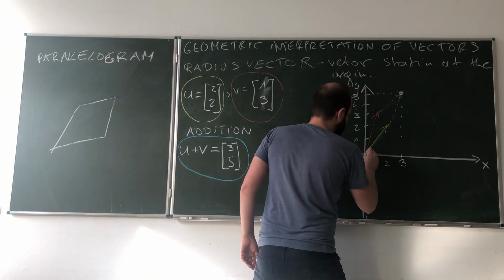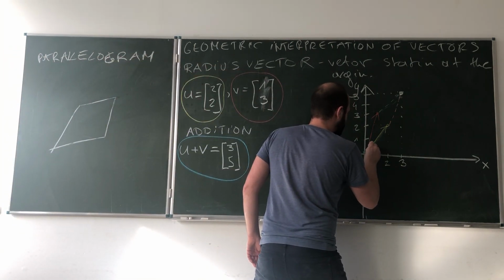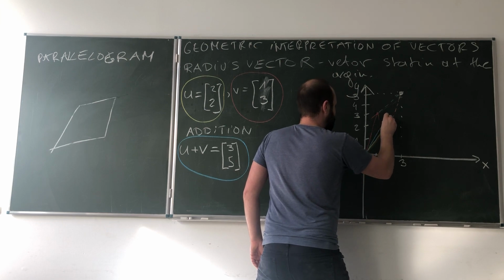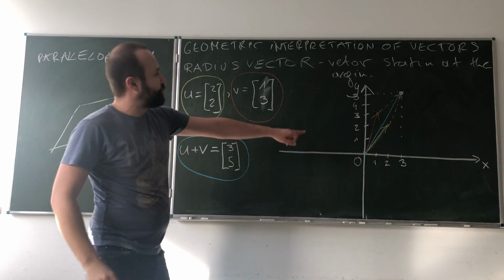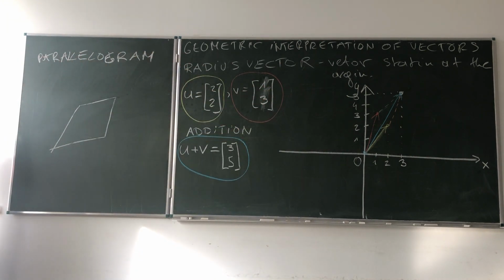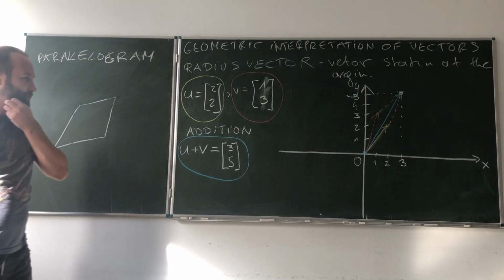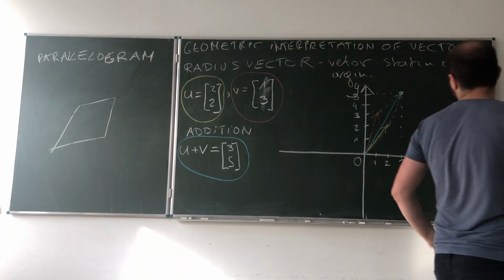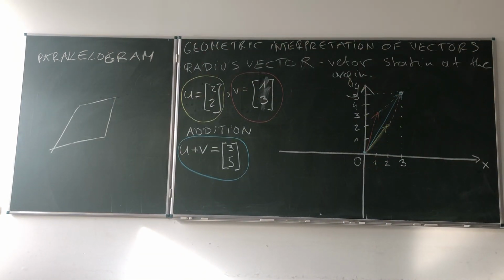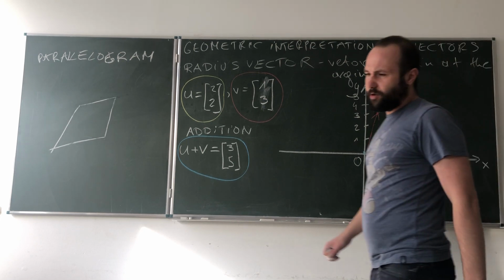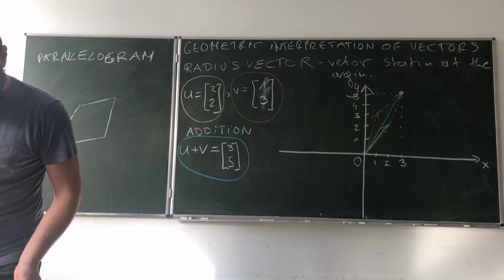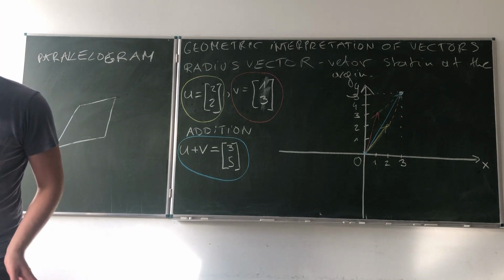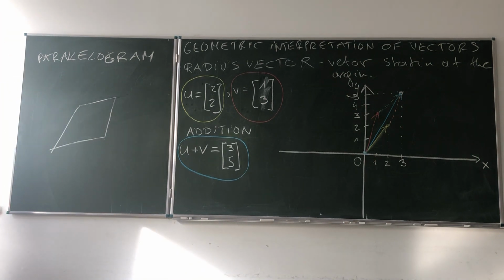Okay, so the new vector will be starting at the origin and ending up at point 3, 5. I hope you've seen it already somewhere in high school, and I don't think this is a very problematic thing. So let's move on to the next operation.